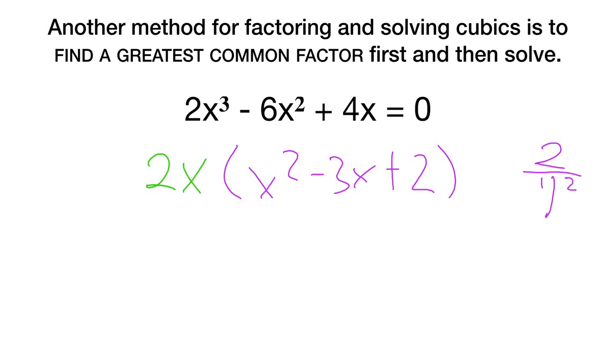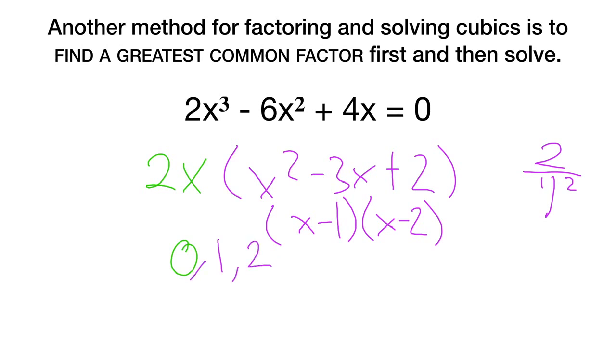Just 1 and 2, and sure enough, they do add up to 3. So this is going to be x minus 1 times x minus 2. So our zeros are 0, let's see, positive 1 and positive 2.